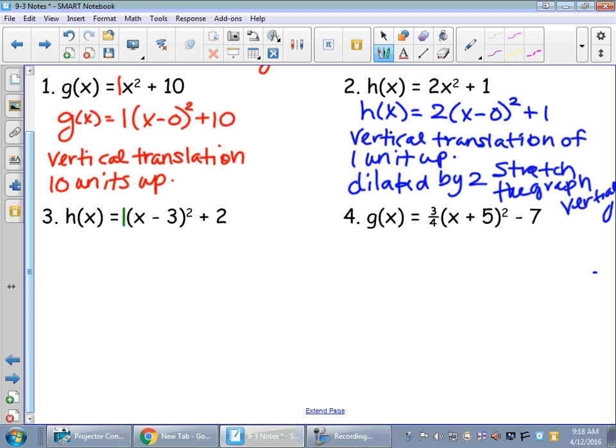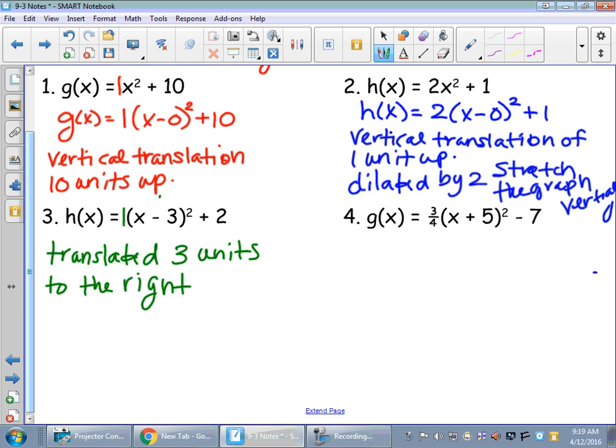So this graph is translating the parent 3 units to the right because my h value here is a positive 3. It looks like a negative 3, but it's actually a positive 3. And it's translated 2 units up because of the positive 2, the positive k value.